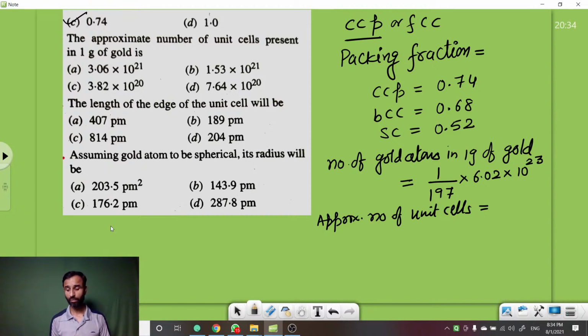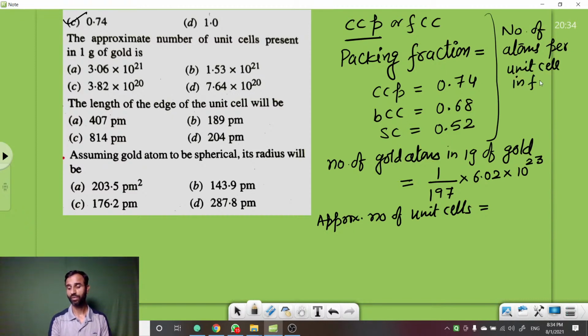The number of atoms per unit cell in FCC is 4. In FCC, there are atoms on the corners as well as on the face centers, so the total number of atoms per unit cell is 4.